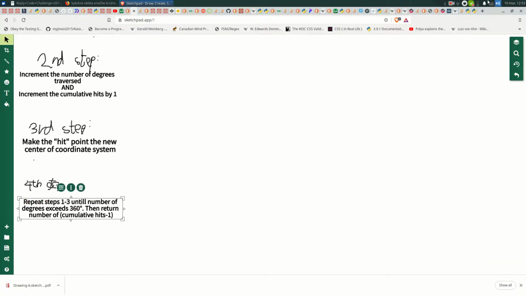Alright, so now we know the second step. Now I'm gonna make a sketch of the third step, and then we shall visually test our steps.